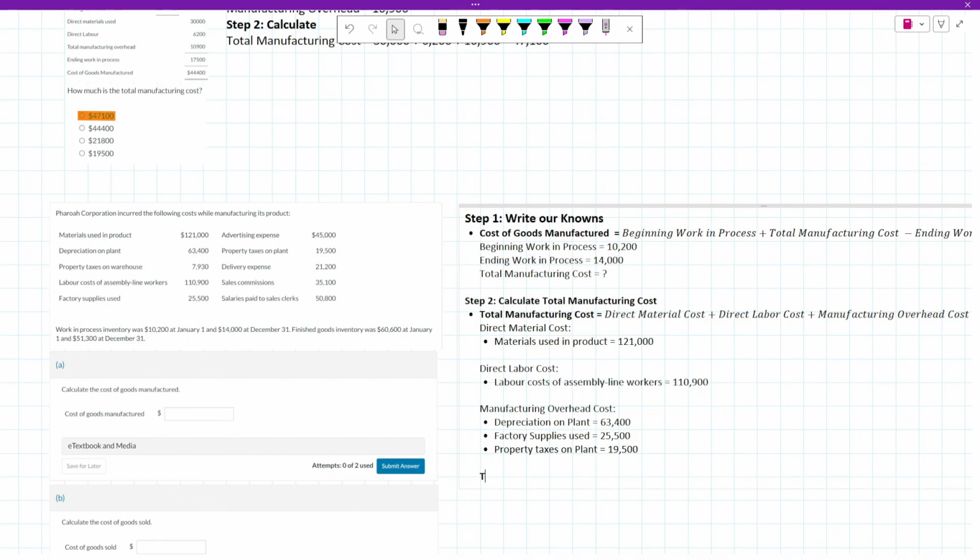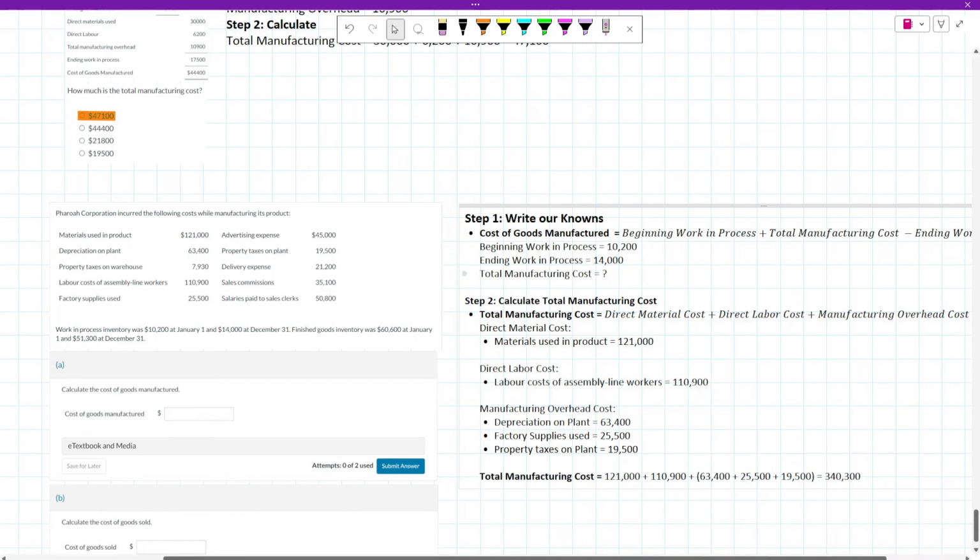And now we just want to sum everything together. So total manufacturing cost is equal to 100,121 plus 110,900 plus, in a bracket so you know this is manufacturing overhead, 63,400 plus 25,500 plus 19,500, which is equal to 340,300. So we can replace this now with 340,300.